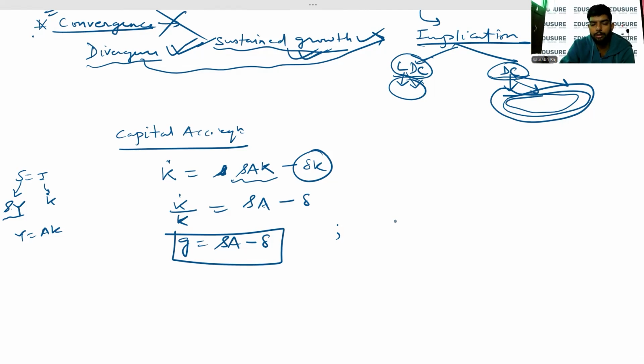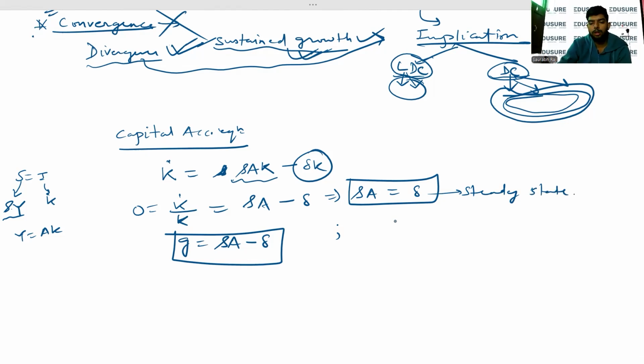So this is the equilibrium growth rate. Steady state growth rate sA will be equal to delta, because this will equal 0 in the steady state case. If you compare it with the Solow model, there we have seen sY equals n plus delta into K. So that equation is for the steady state case in the Solow model, or the neoclassical growth model.